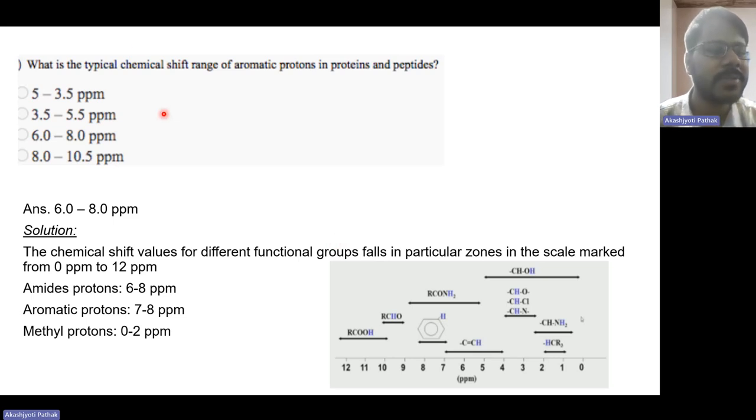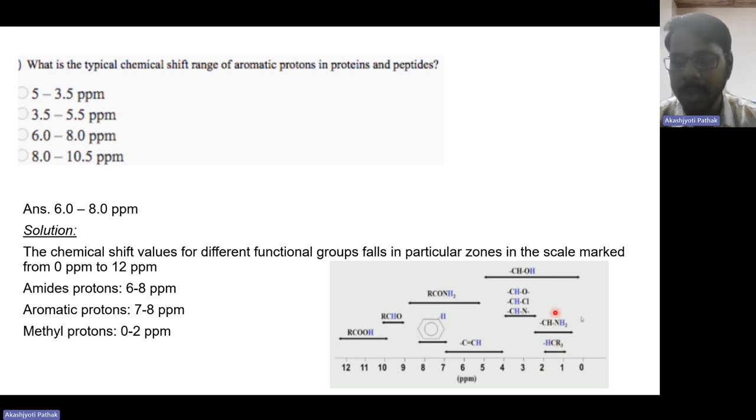What is the typical chemical shift range of aromatic protons in proteins and peptides? The aromatic protons have a chemical shift in the range of 6 to 8 ppm, mainly 7 to 8 ppm. So remember this figure. It shows the chemical shift of different functional groups. Methyl protons have a chemical shift around 1 to 2 ppm.